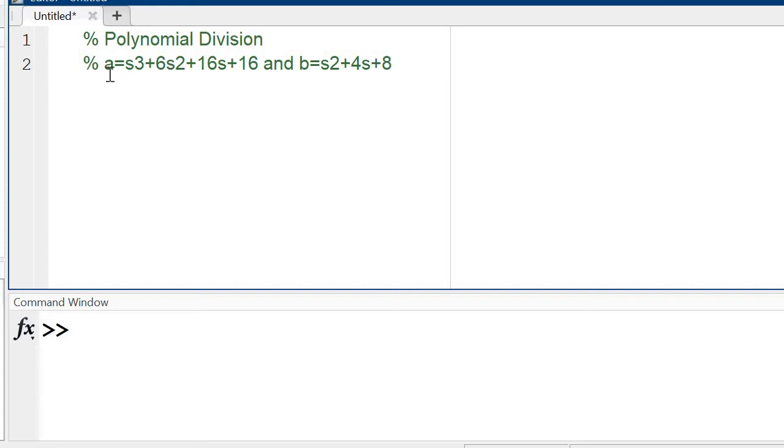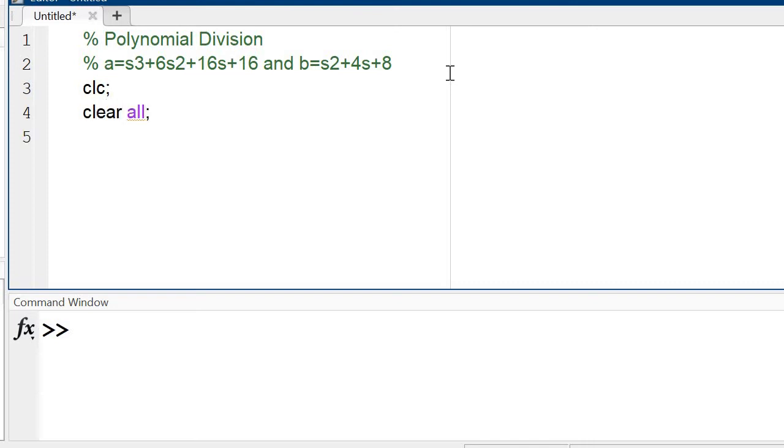It means this A is our dividend and B is our divisor. Now what is in the output? Quotient and remainder. How? First of all I use the CLC, then after that clear all.